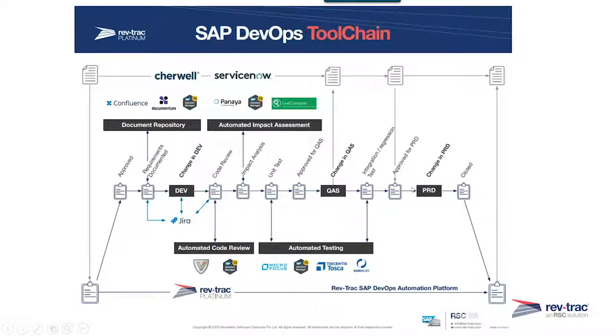Of course, a typical SAP landscape may be more complex than this, and you obviously would have multiple devs, qualities, and prods for your different SAP landscapes. But then you would just have more stops and more systems along the way. At the top, we're showing an automated bidirectional integration with ITSM solutions such as ServiceNow or Cherwell or others.